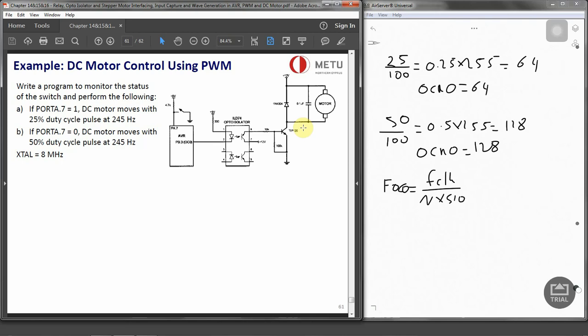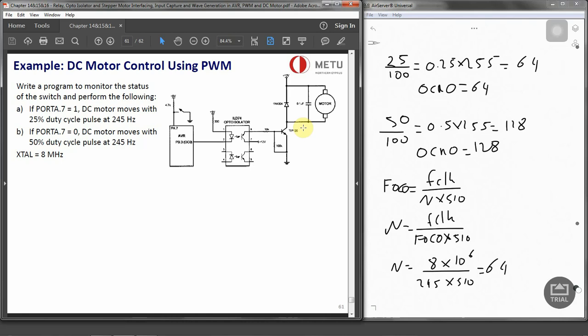correct PWM, then N is going to be F clock divided by FOC0 times 510. In this case, N is 8 times 10 to the power 6 divided by 245 times 510, which will be equivalent to 64.